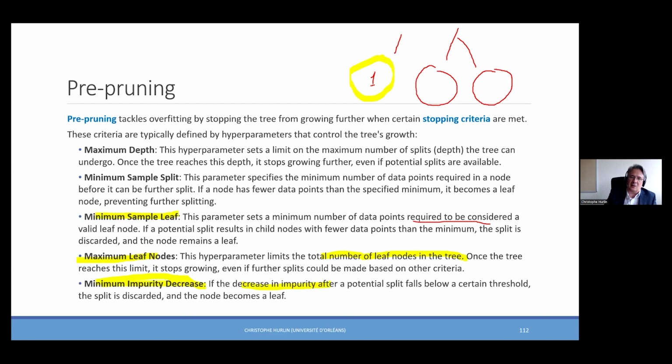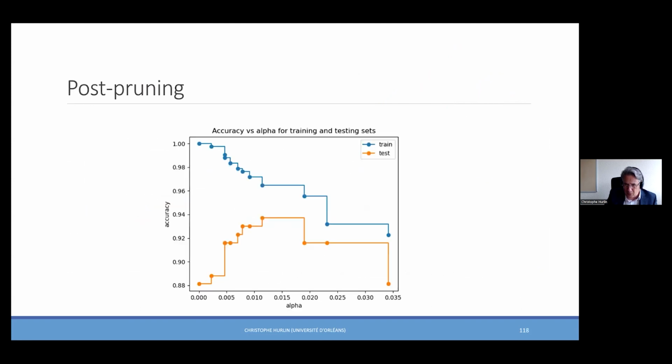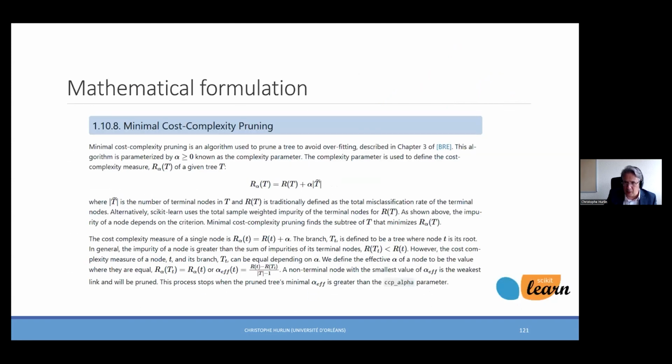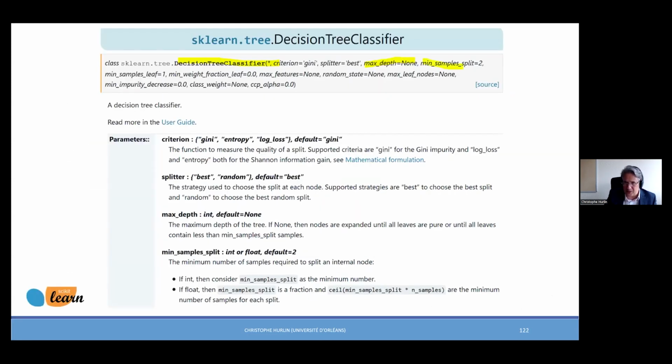Do you understand all these constraints that we observe here? We have a minimum sample split, the minimum sample leaf, the max depth, the max leaf nodes, the minimum impurity decrease.